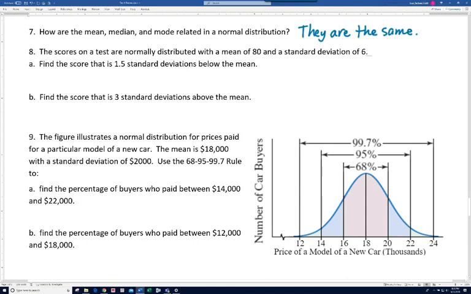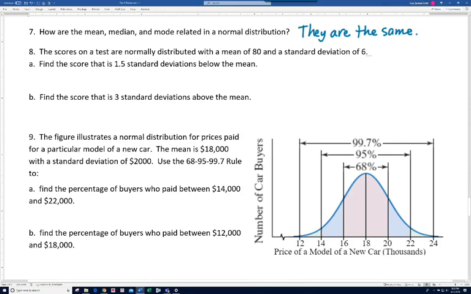In this problem, we just need to understand the basic idea of a mean and a standard deviation. So if the mean is 80 and a standard deviation is 6, then 80 plus 6, which would be 86, would be the value that's 1 standard deviation above the mean.